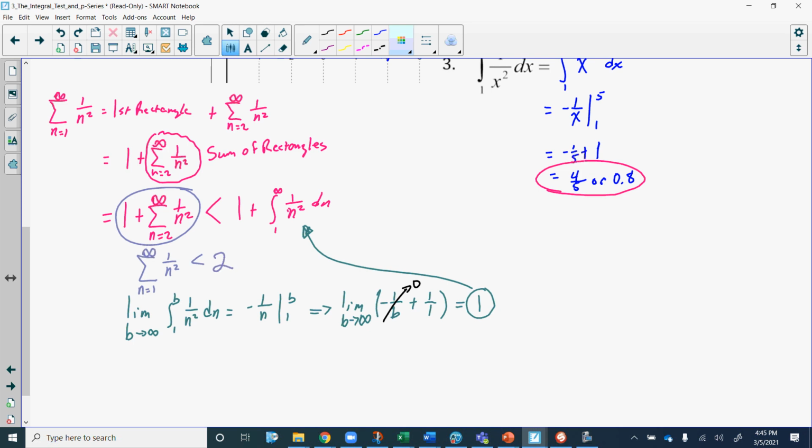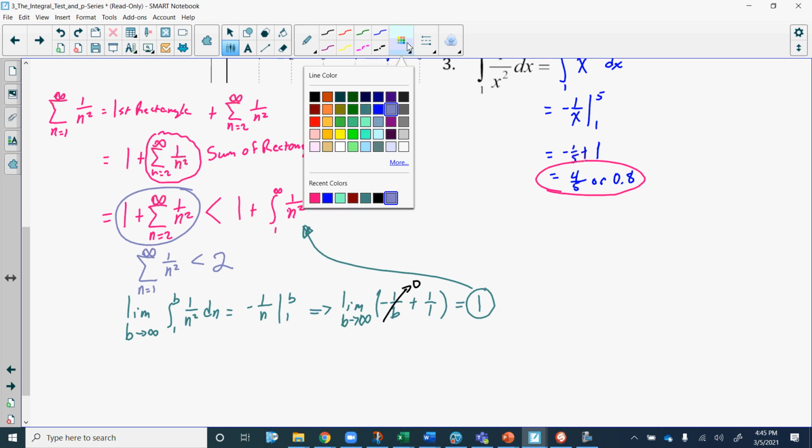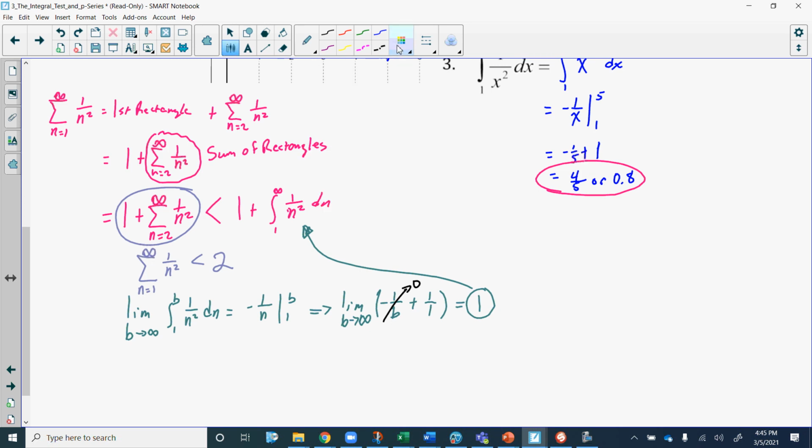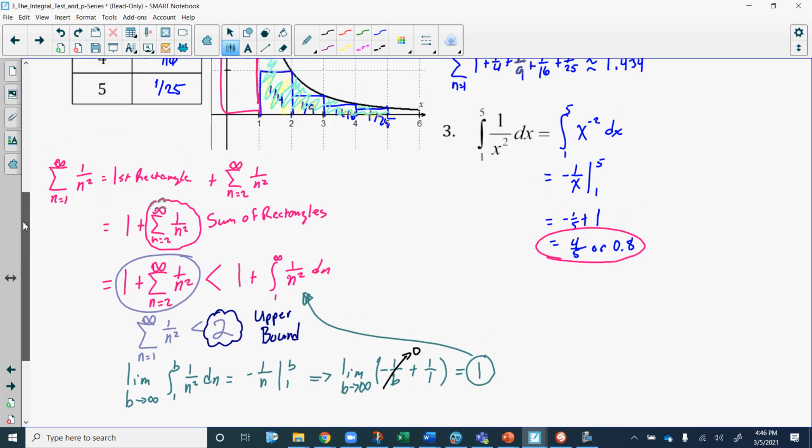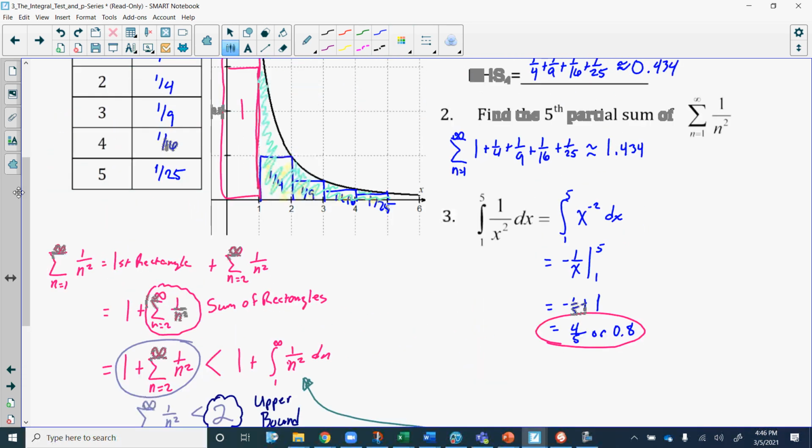Now what that allows me to conclude is that this value right here, that 2, is the upper bound of the function that we're seeing, because again, we're looking at it as an underestimate.